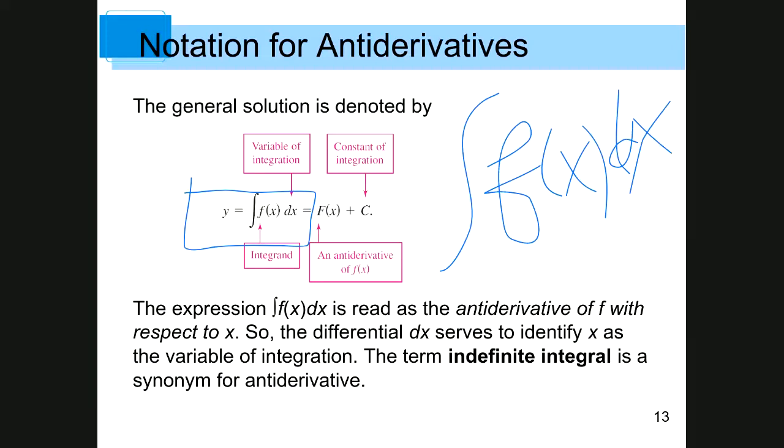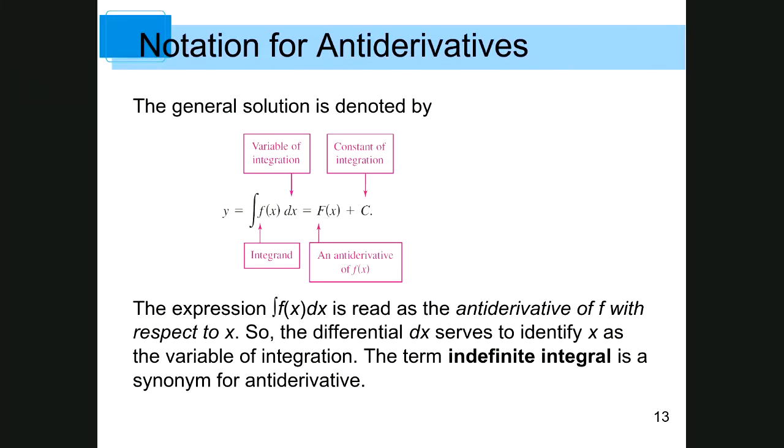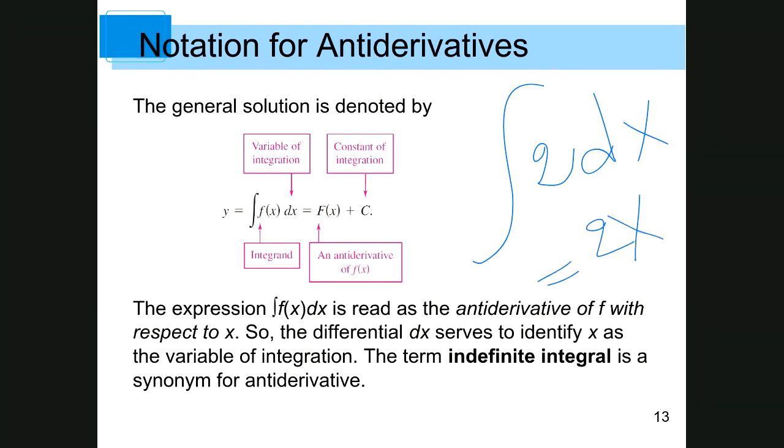It looks like an S. So if I give you, let's say, integral of 2 dx with respect to x, this becomes 2x. You just have to look for the function that you derive that gives you 2, and it will be 2x. And of course, you can add any constant.